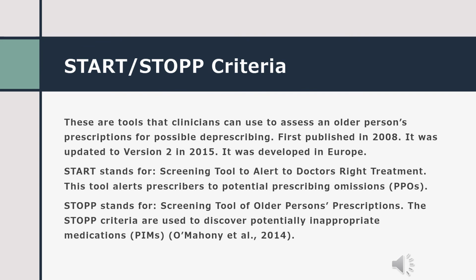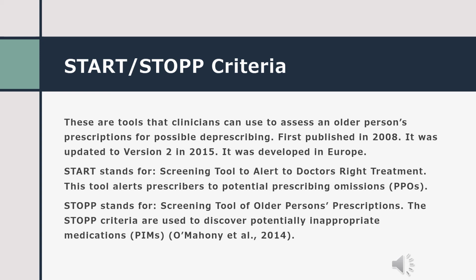The START and STOP criteria are another tool that can be used to manage polypharmacy in the elderly. These tools were developed in Europe and they were first published in 2008. It was updated to a version 2 in 2015. START stands for the Screening Tool to Alert doctors to Right Treatment.